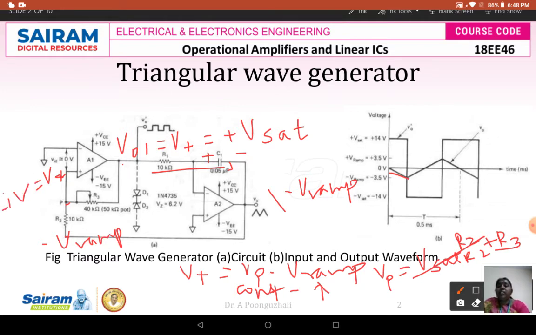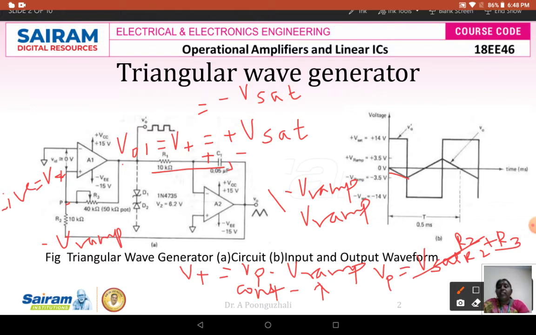When that happens, my output voltage is going to become negative, so my output goes to plus Vsat. When my output goes to plus Vsat, the voltage at this point becomes plus Vramp.